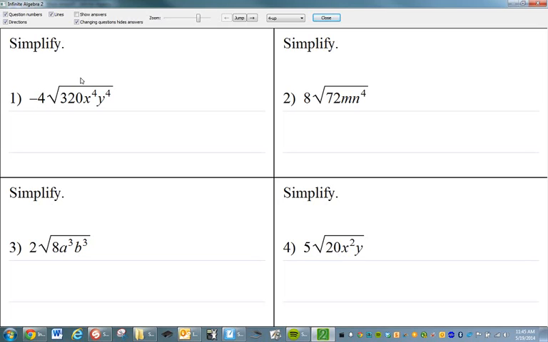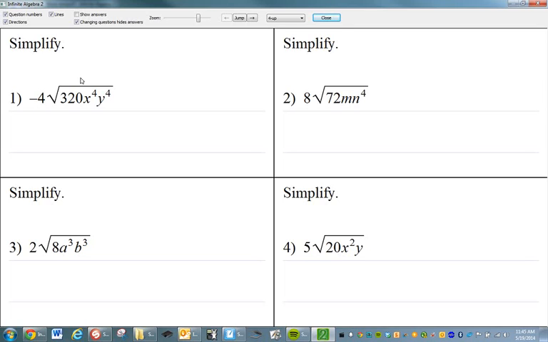So here, I get 8 times something times something times the square root of m times the square root of n to the 4th. Now, I need 2 numbers that multiply to 72, and one of them has to be a perfect square. 2 and 36.